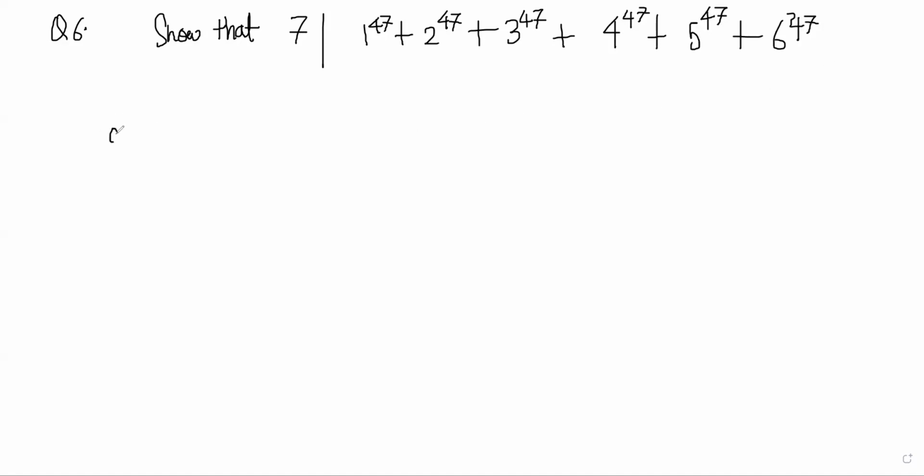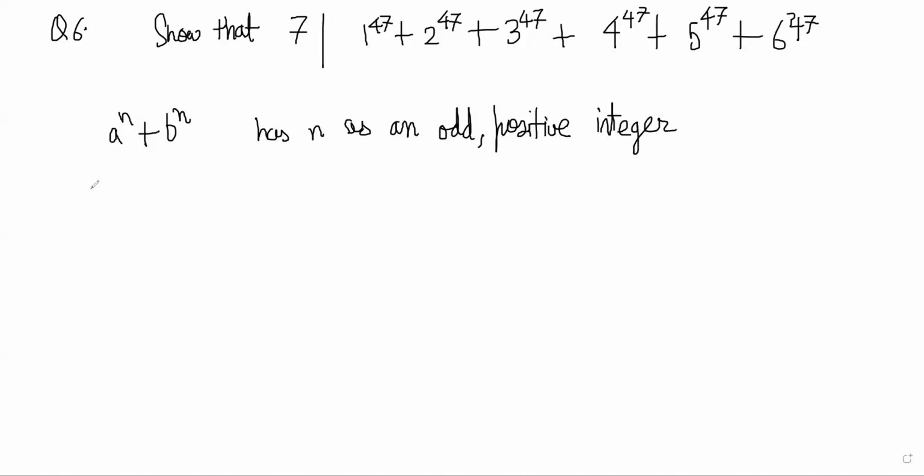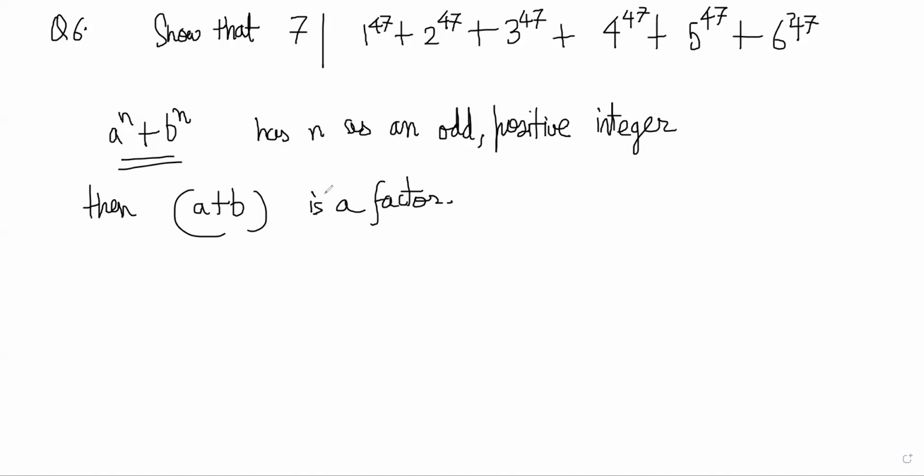The idea is if a power n plus b power n has n as an odd positive integer, then by factor theorem, a plus b is a factor. A plus b is a factor of this because if you put b is equal to minus a, this will get cancelled. So basically what we are saying is a plus b divides a power n plus b power n if n is odd and positive, right?